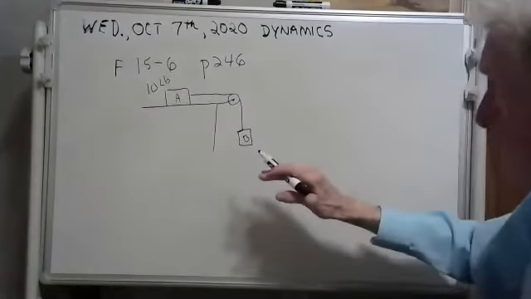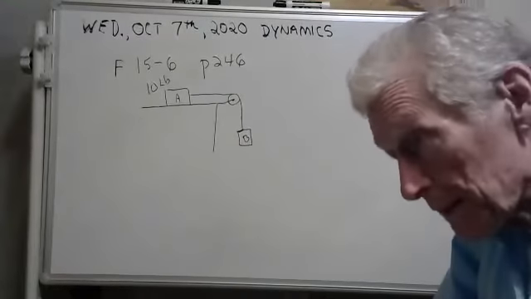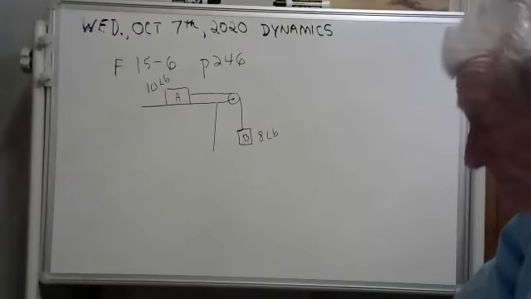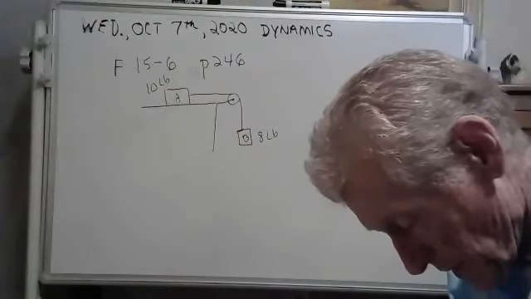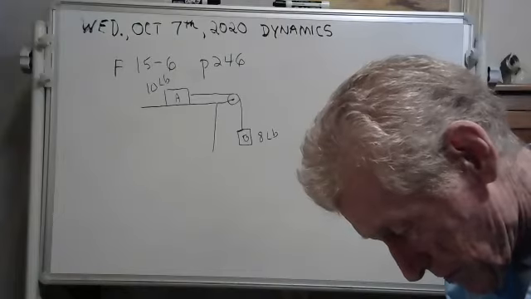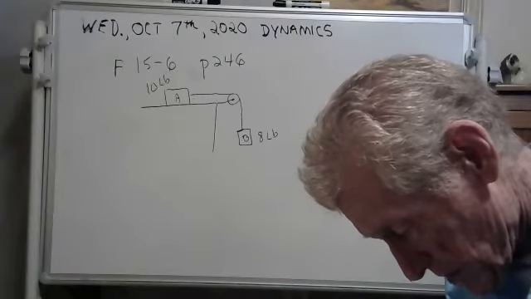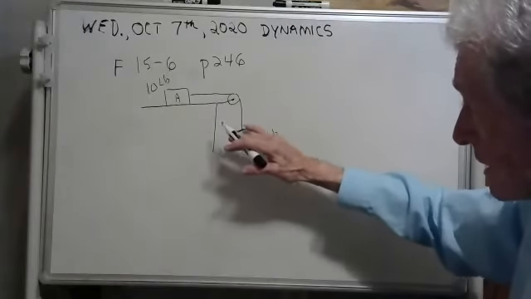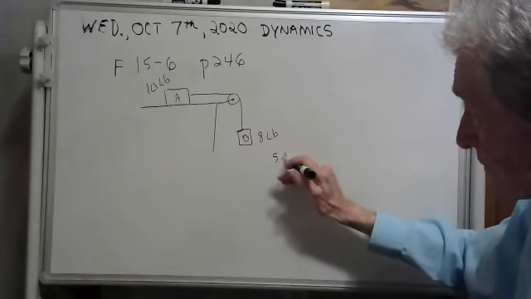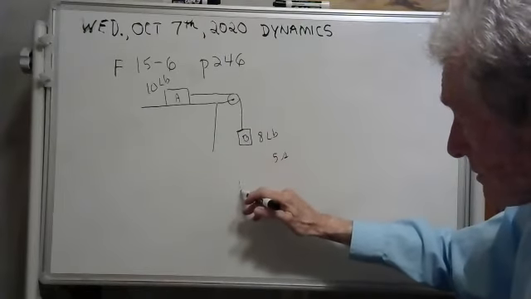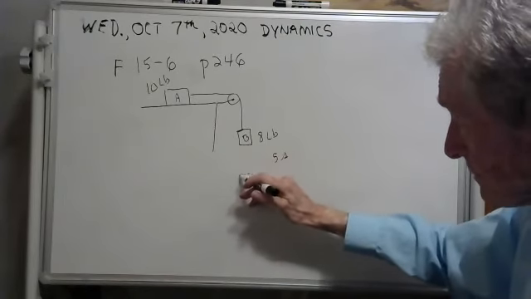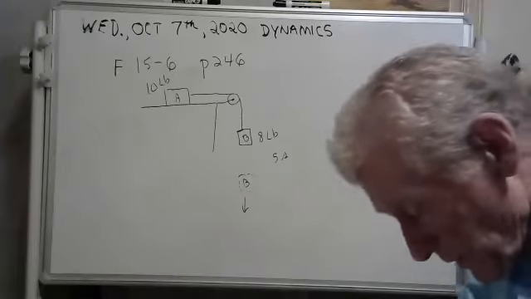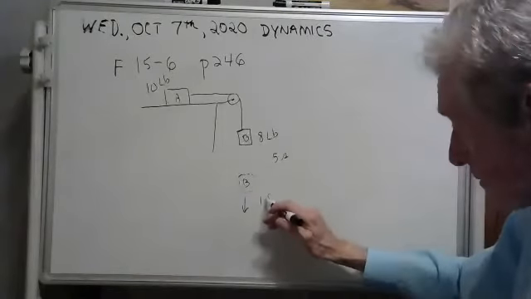And body B is an 8-pound block. And they said that they turned this thing loose, I guess from rest, maybe. And it attains a velocity of 1 foot per second in 5 seconds. So see, after 5 seconds, body B will be down here someplace, and it will be going 1 foot per second.